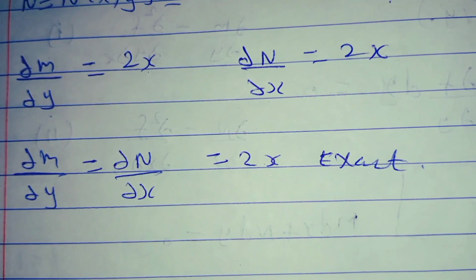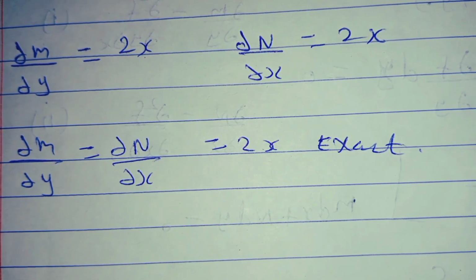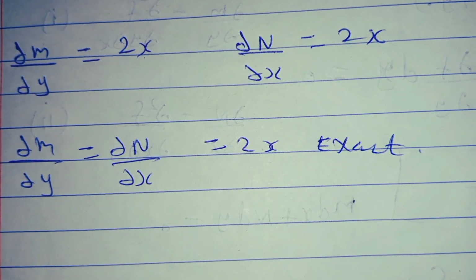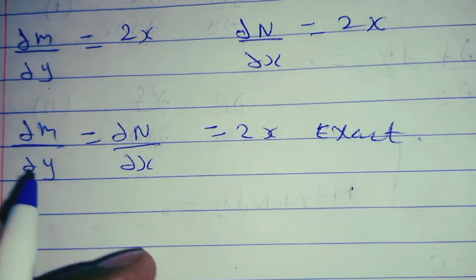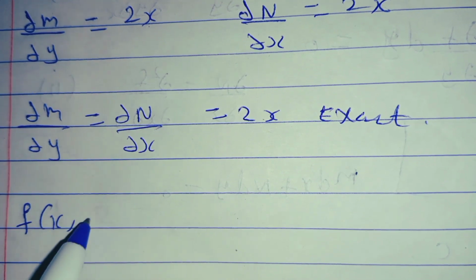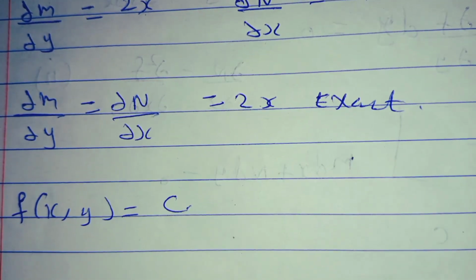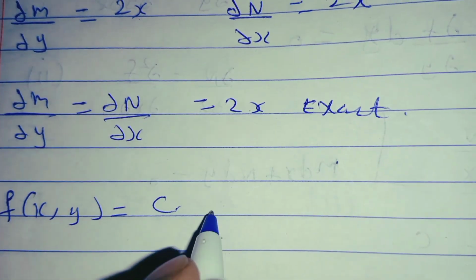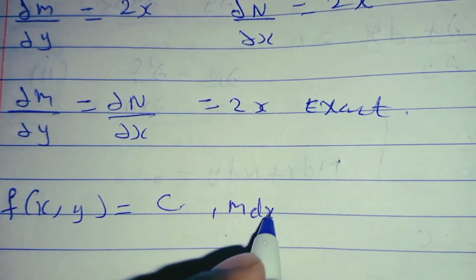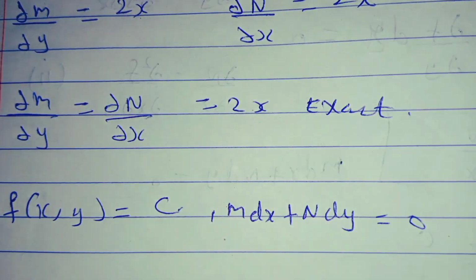Because our equation is exact, we are going to employ the following formula. The result which we seek, our answer, will be of the form f of xy is equal to c, where c is a constant, and our equation is of the form M dx plus N dy is equal to 0.